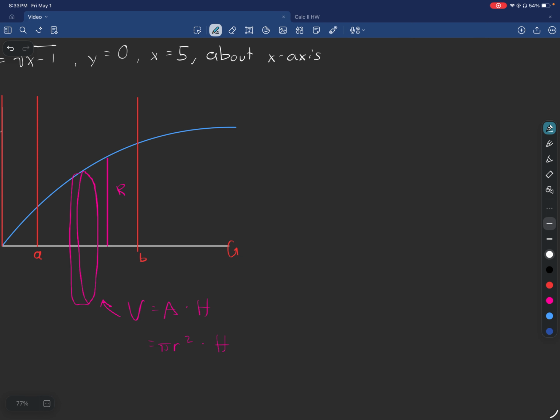So now, in order to actually integrate this, we would have something like this, making the area a function of x. However, since we're looking for the volume, we have to simplify this a little bit more into this.